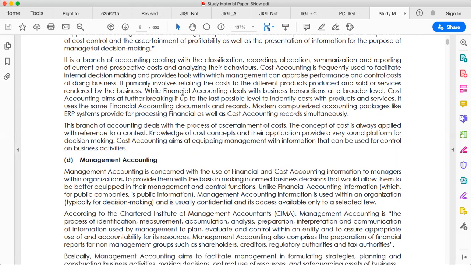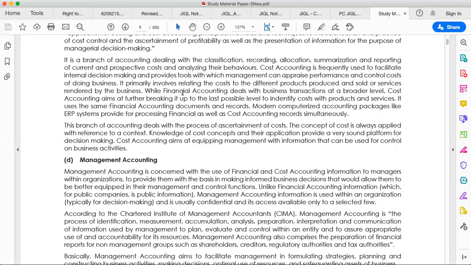Let's say you purchase 10 different items, you are producing 10 different items. In financial accounting, it will be recorded only as a purchase. That's it. But in cost accounting, they'll record purchase for X item, purchase for Y item, where it is used, why it is used, how much it is used, whether there is loss, abnormal loss, normal loss, everything will be recorded in cost accounting. But in financial accounting, it will be only recorded as a purchase.